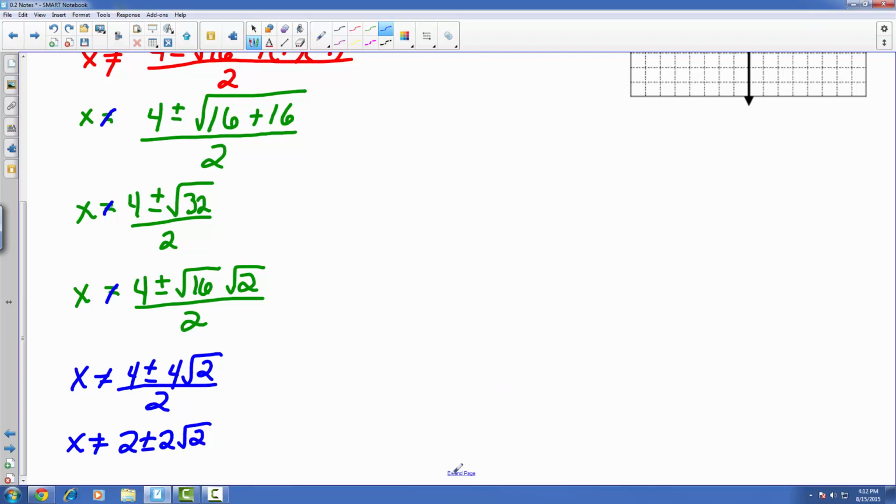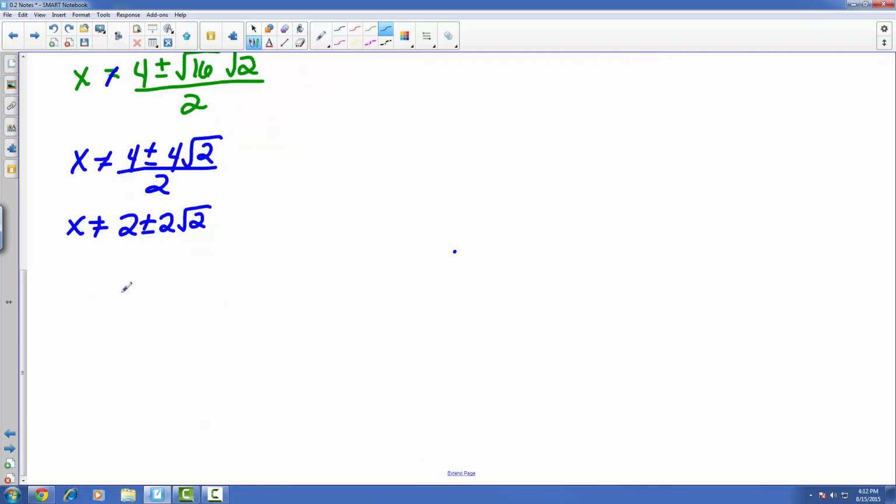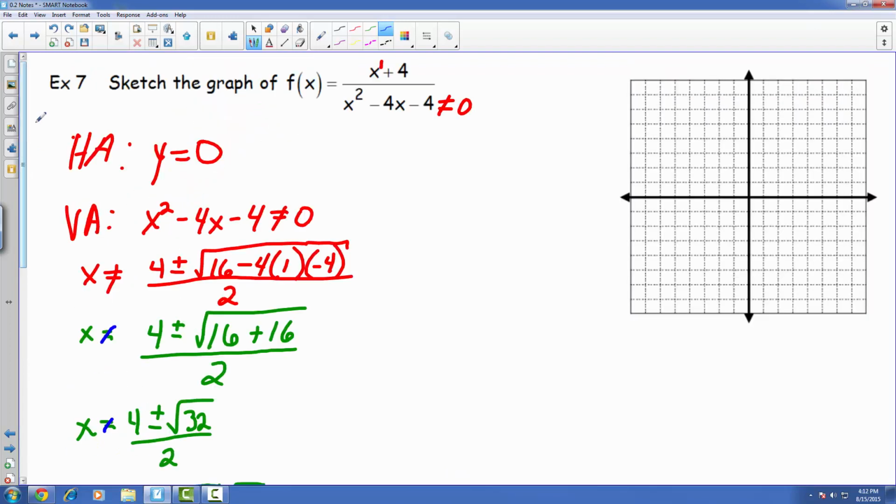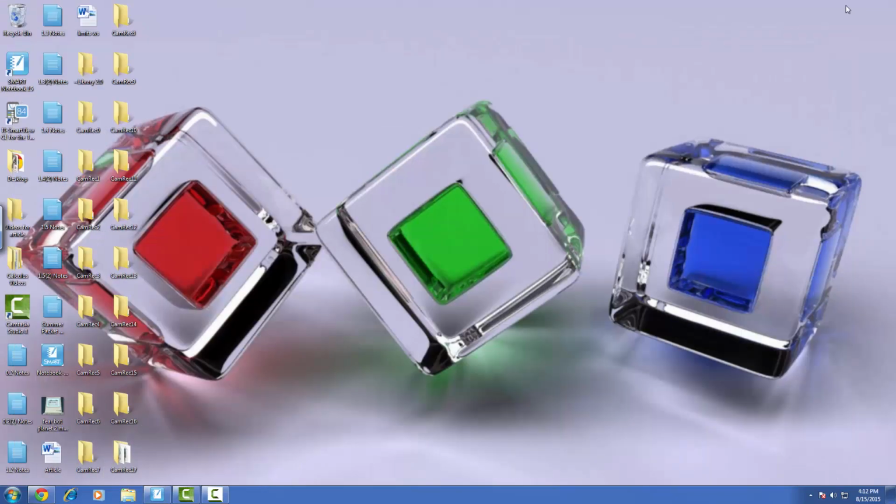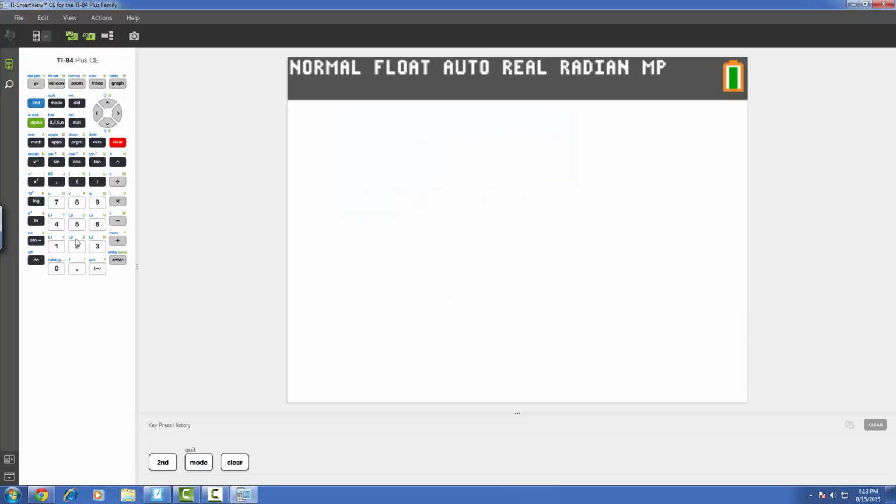So in other words then, our VAs are happening here. And let's go ahead and determine where those are at in terms of an actual numerical value to assist us at least for our graphing purposes. I'm just going to go ahead and take out my calculator. So we have 2 plus 2 root 2.